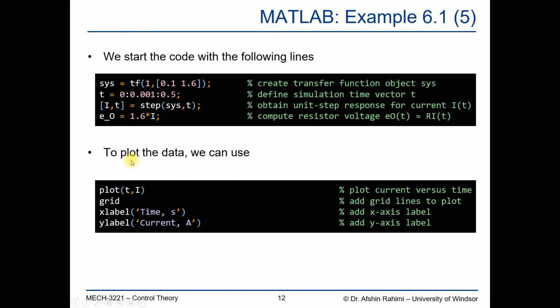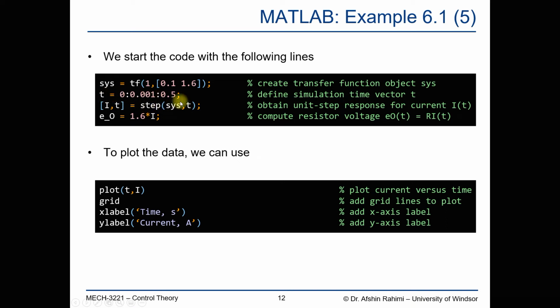To do this, similar to what we did for our first example, we can define the system using a transfer function, define the time that we need to get the system output, and then store the system output in this step. Note that in the example we solved earlier, we only gave the system as input to the step function.